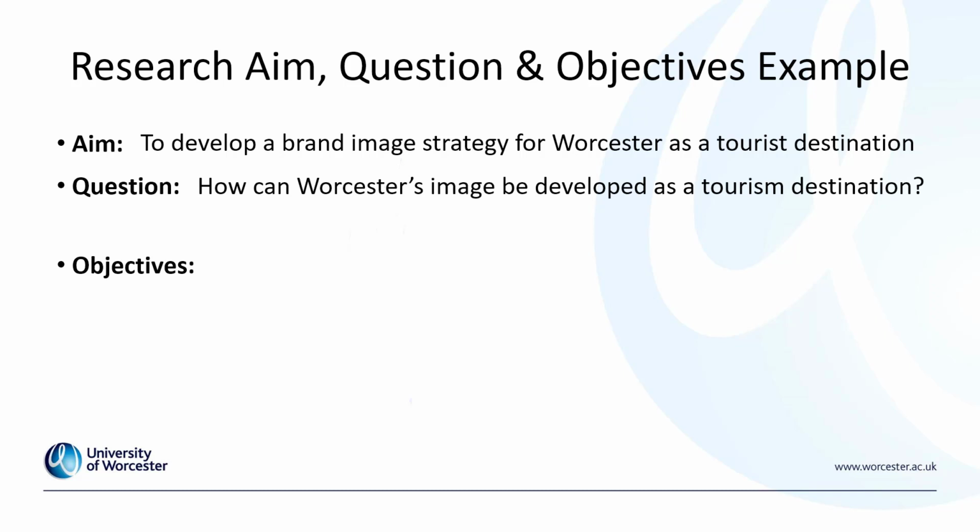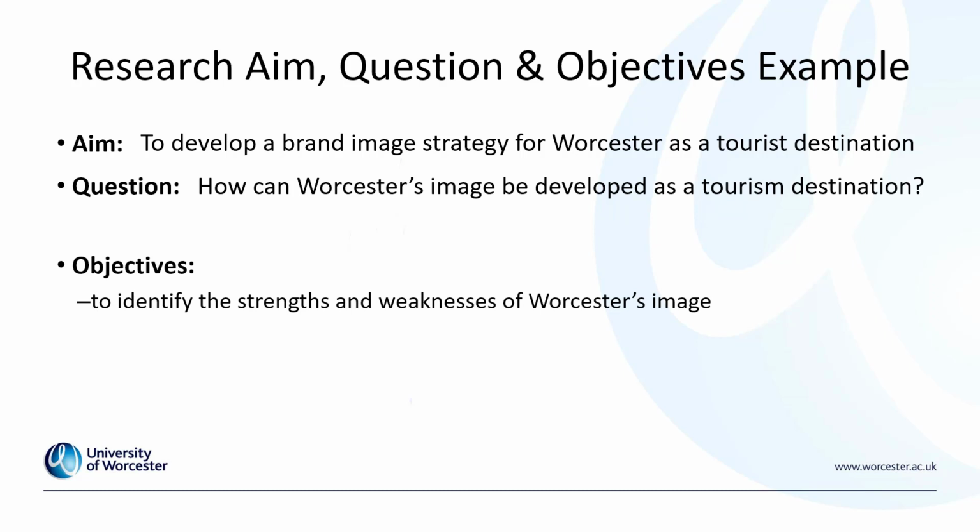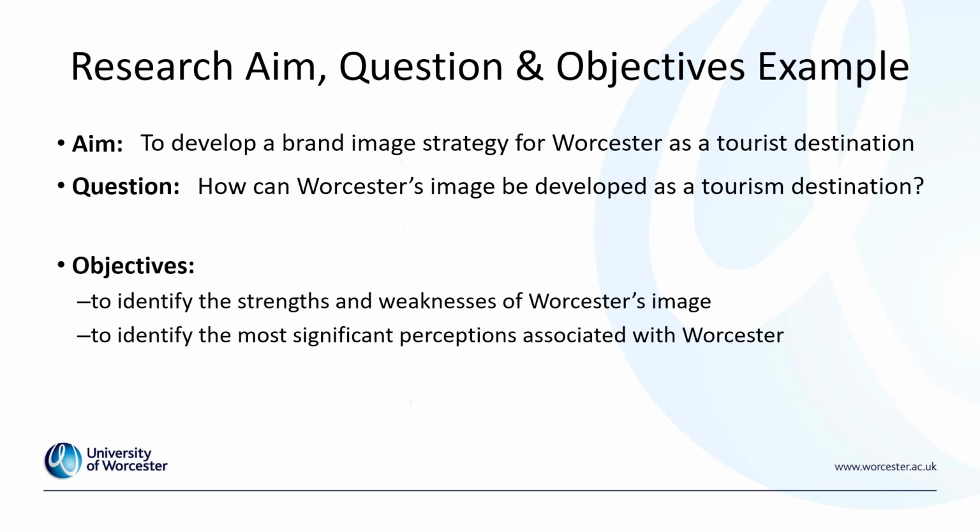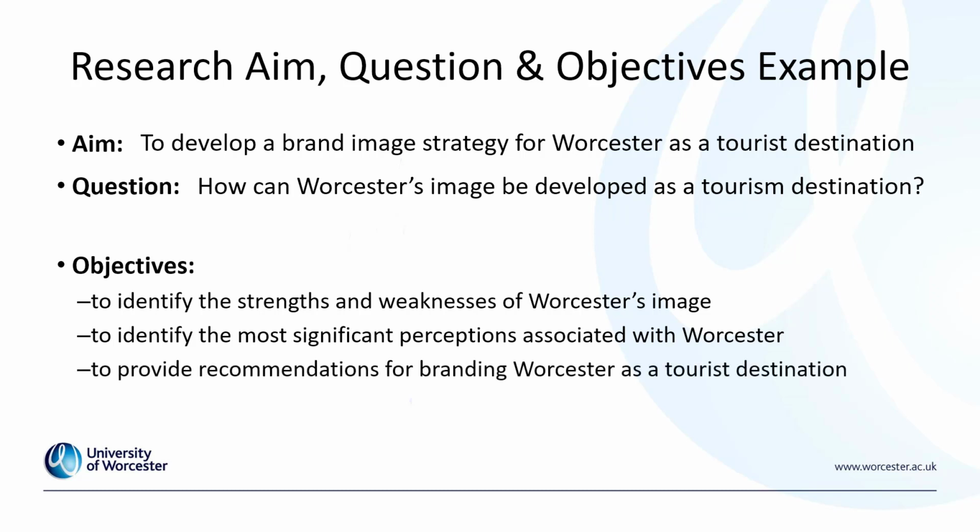And the steps, the objectives we would need to complete in order to answer the question set and achieve and meet the aim set might be, firstly, to identify the strengths and weaknesses of Worcester's image. Secondly, to identify the most significant perceptions associated with Worcester. And finally to provide recommendations for branding Worcester as a tourist destination.